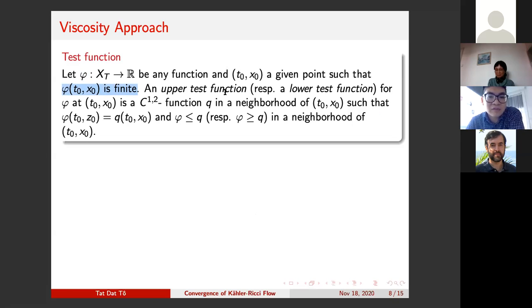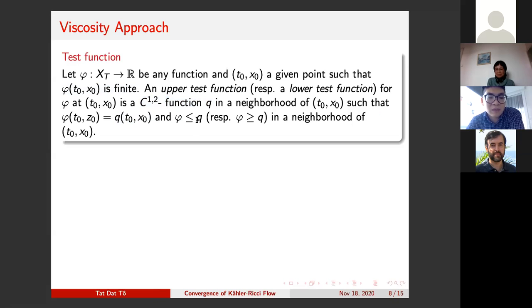Then an upper test function for this function at this point is a C^{1,2} function, so we need the regularity here, in a neighborhood of this point, such that at this point the function touches the test function and the original function is below the test function.